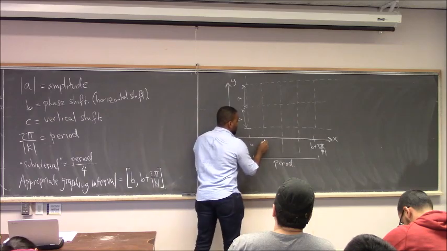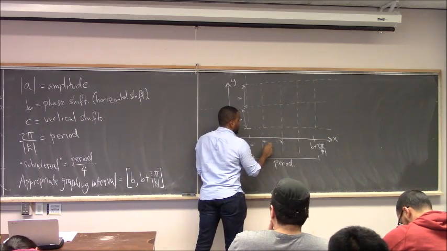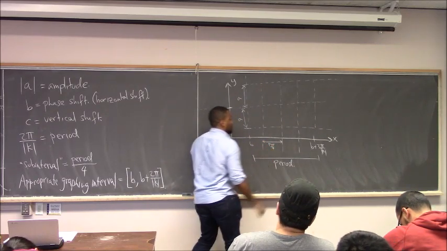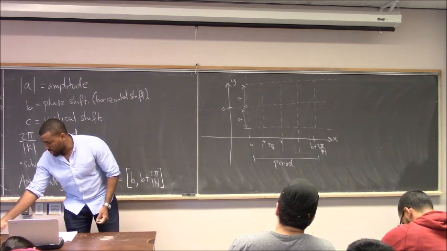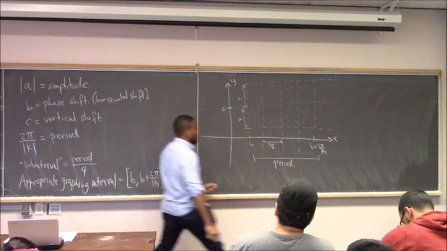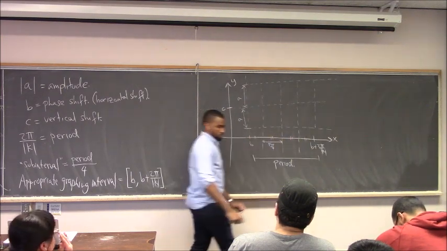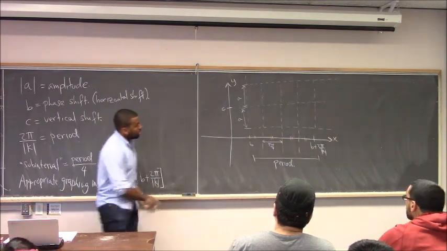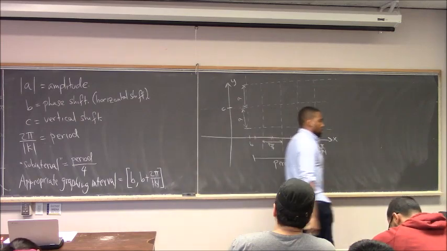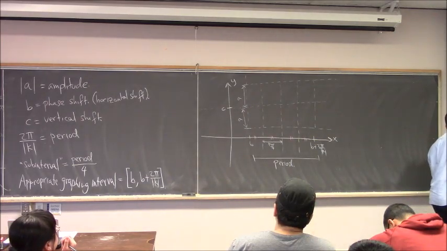The length of each of these pieces is the period over 4. That's going to be the length of all these lines here; these are all the same length. Why is the period over 4 necessary?